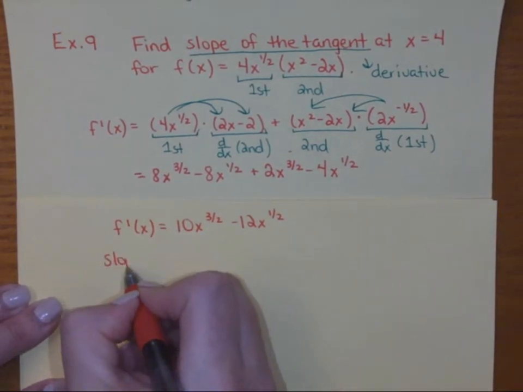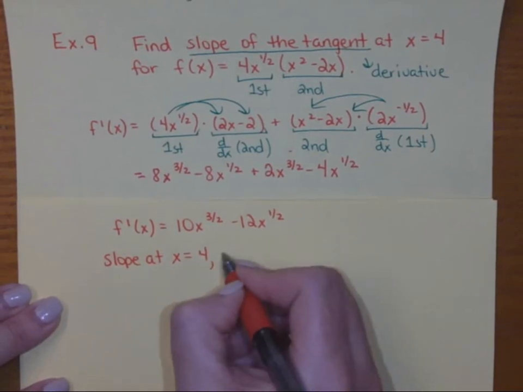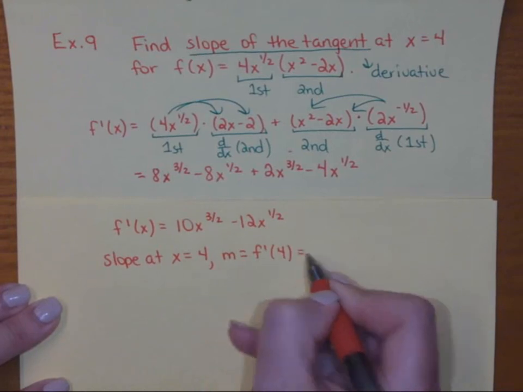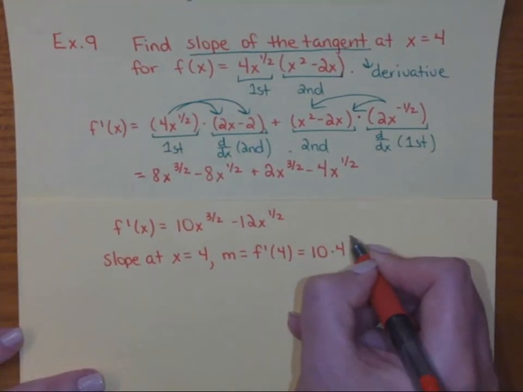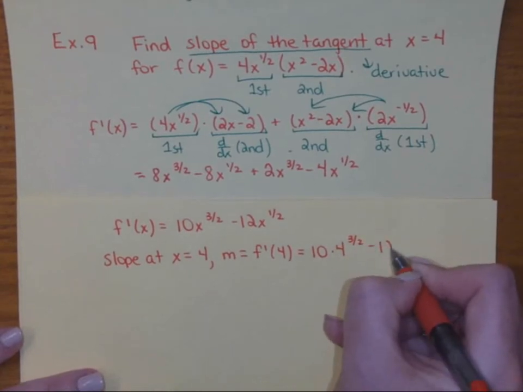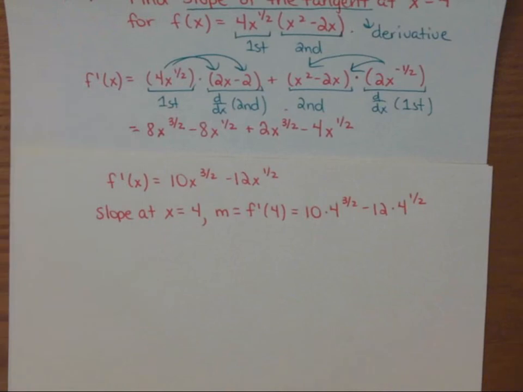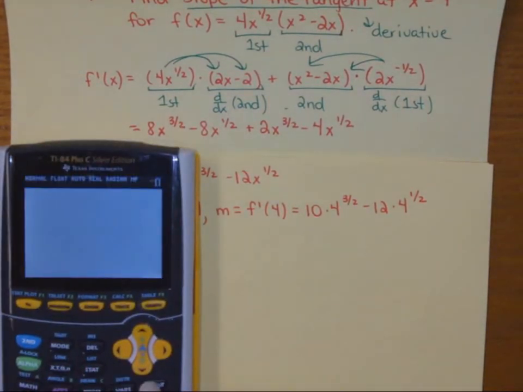So the slope at x equals 4 is going to be whatever I get when I plug in 4 into my derivative equation. So it's going to be 10 times 4 to the 3/2 minus 12 times 4 to the 1/2. If you remember that 1/2 power is really just a square root, you might be able to do this one without a calculator, but we have a calculator, so let's use it to our advantage.